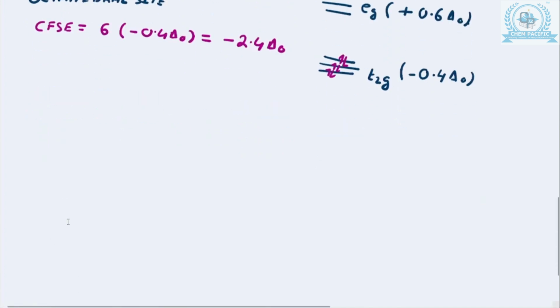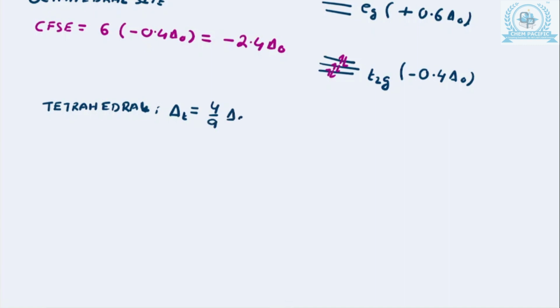ठीक है, now we are going to calculate the CFSE of this in the tetrahedral field. Now tetrahedral field, whatever may be the reason, since the delta T value is always 4/9 of delta 0, we know that delta T, why is it so, I have already explained in my earlier video, do check it out, ठीक है। So the CFSE is always very less, so tetrahedral complexes can never afford the pairing of the electrons.